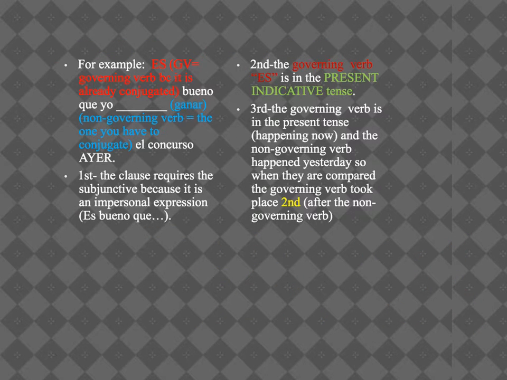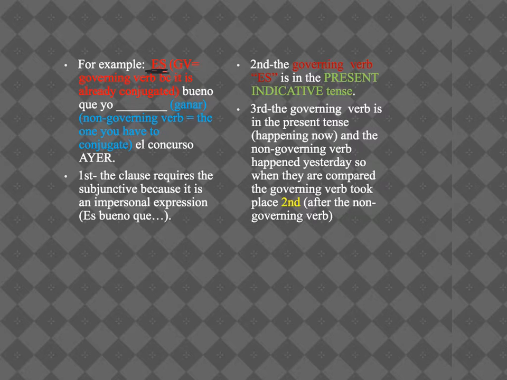Here's our sentence. I've put all the governing verbs in red to help visually represent them. So, governing verb, it's already conjugated. Es, right there. There it is. Es bueno que, yo, something, non-governing verb.